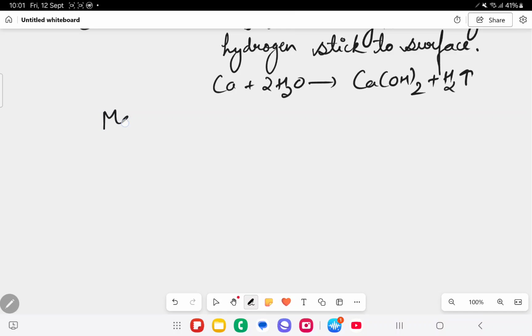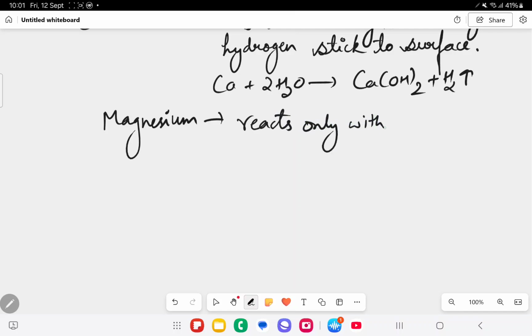With magnesium, it reacts only with hot water.